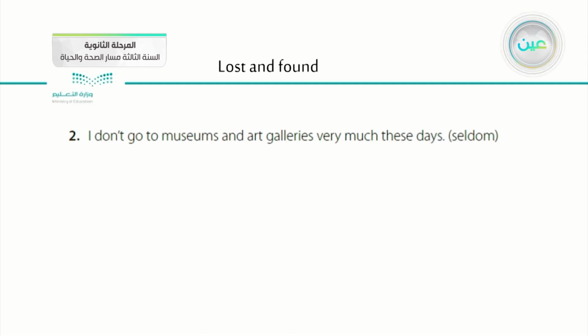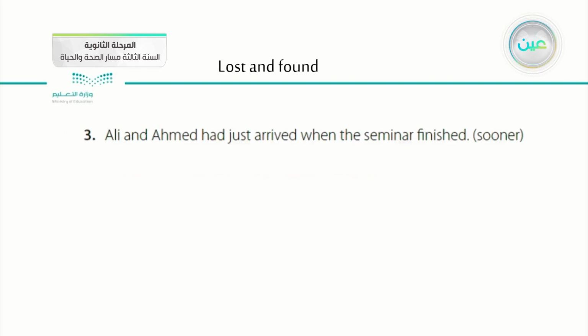Number two, I don't go to museums and art galleries very much these days. So we use seldom. It becomes, seldom do I go to museums and art galleries these days. Number three, Ali and Ahmed had just arrived when the seminar finished. So we say, no sooner had Ali and Ahmed arrived than the seminar finished.